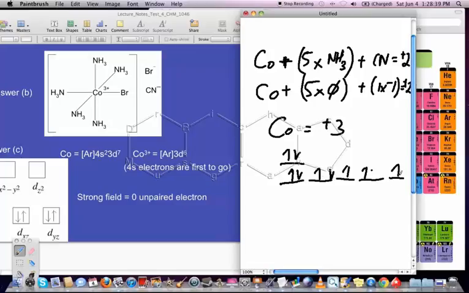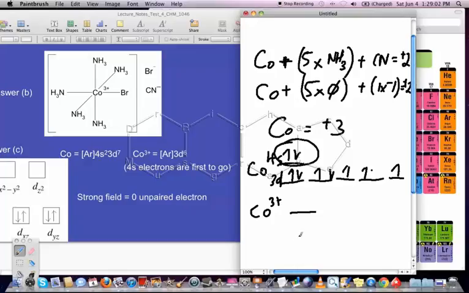So remember, I fill these in one at a time, and then I put the other 2 in. So there's my garden variety cobalt. Now to make it cobalt 3+, I have to lose 3 of those electrons, and the ones I'm going to lose first are the highest energy ones, and that's going to be the 4s electrons. There's your 4s, there's your 3ds.